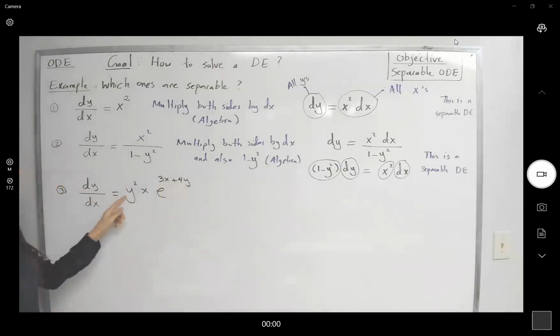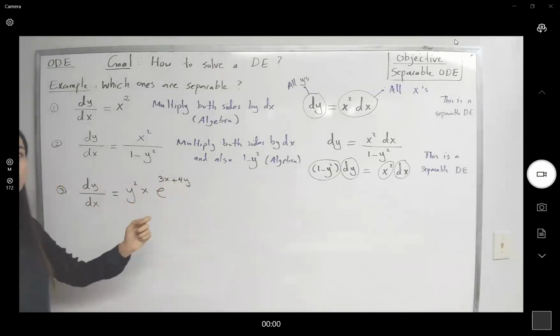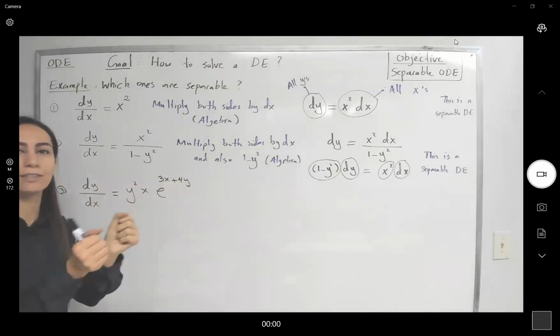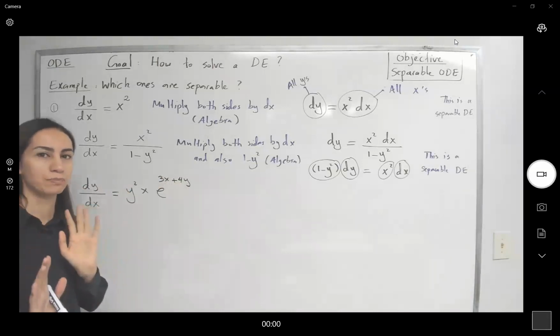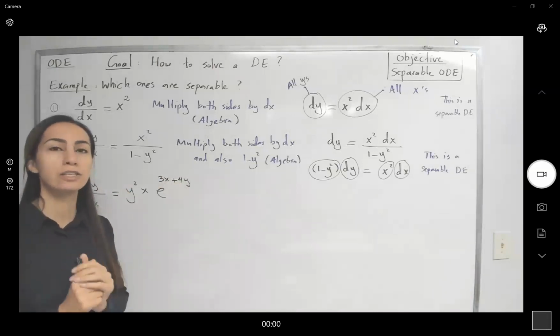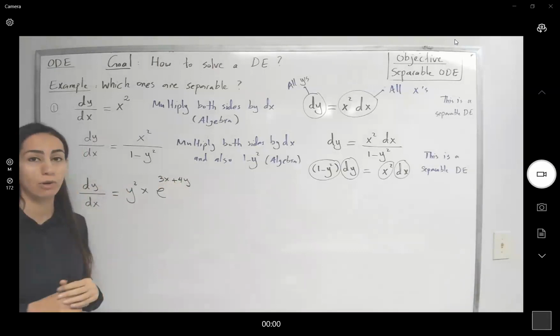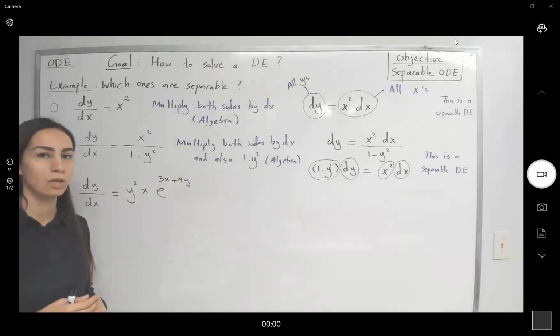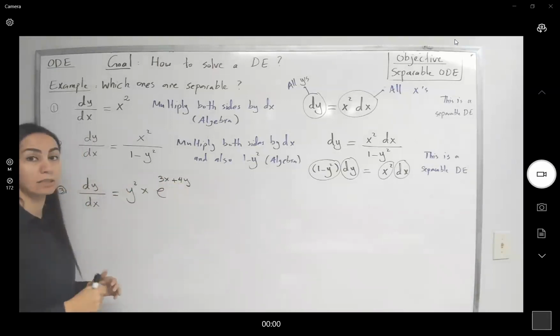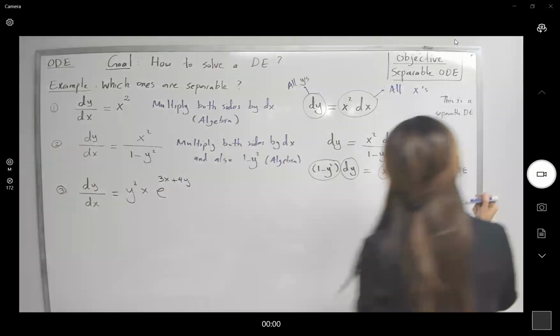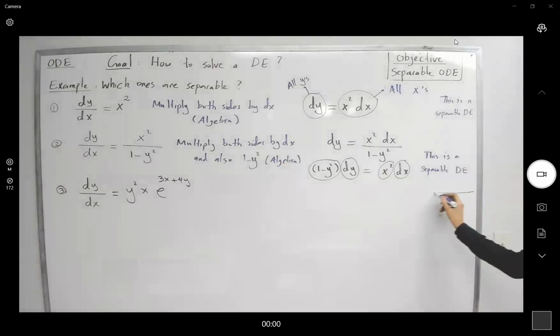I don't have any problem with y squared. I don't have any problem with x, but here in the exponent, your x and y are connected together by addition. Before making any decision about this differential equation being separable or non-separable, remember from algebra that we can separate these two. So let's write this quick note for you here.